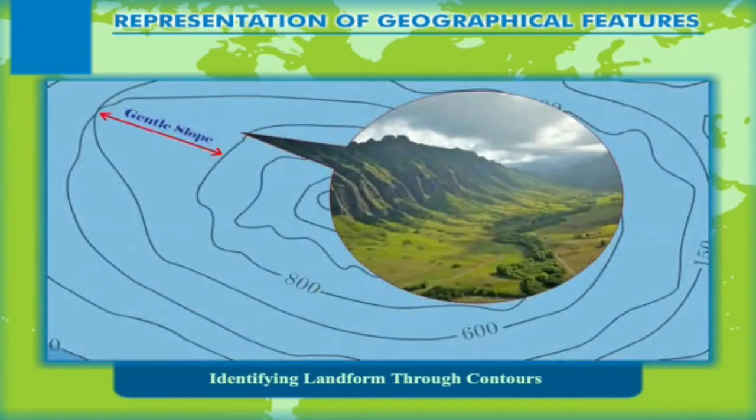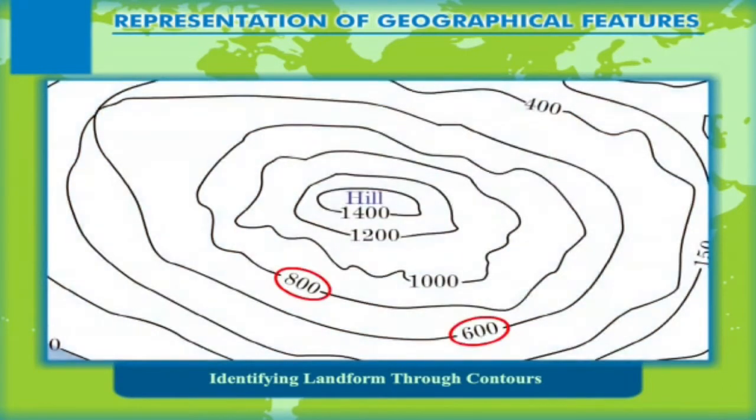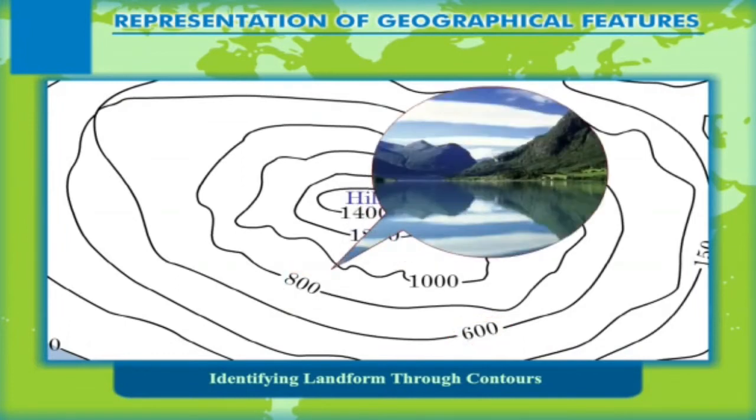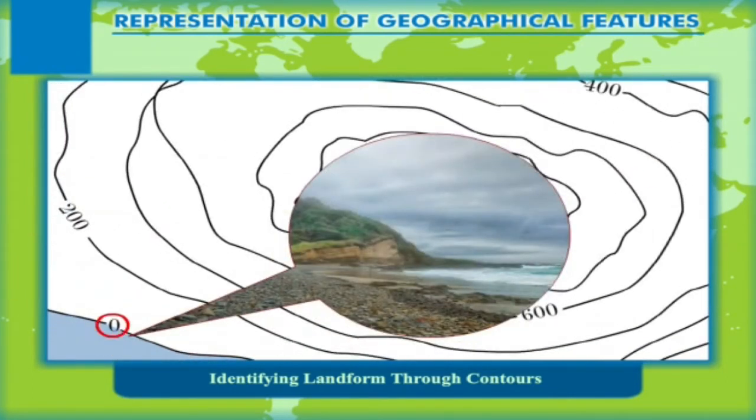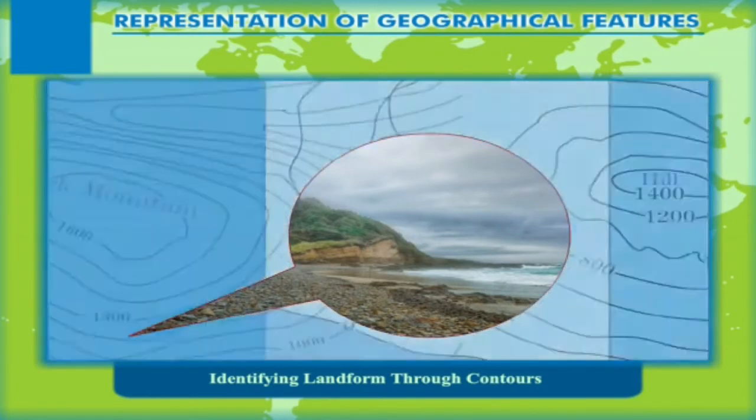The widely spaced contour lines show gentle slope, whereas the closely spaced contour lines show steep slope. All contour lines are marked with a number, which indicates their height above the mean sea level in meters or in feet. The contour with zero value represents the coastline.